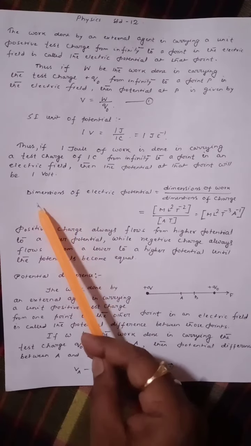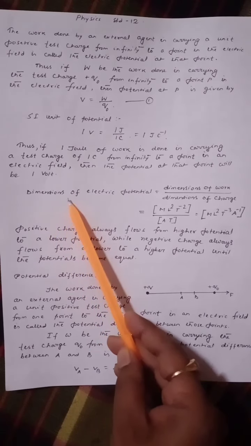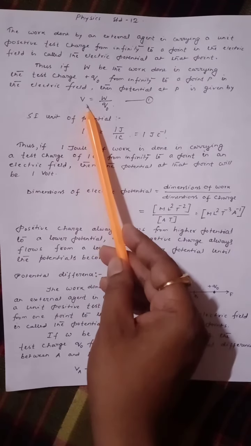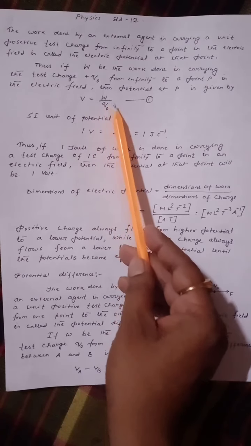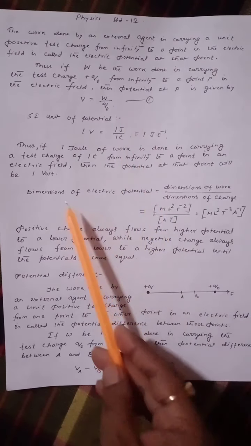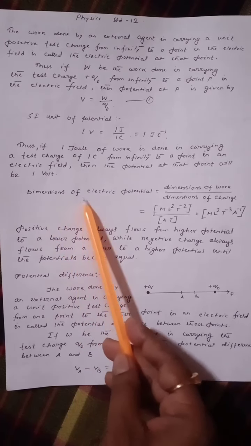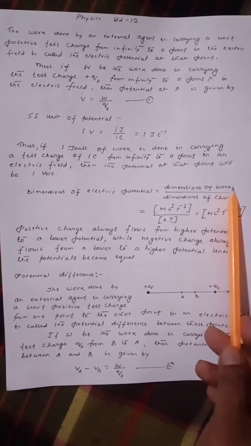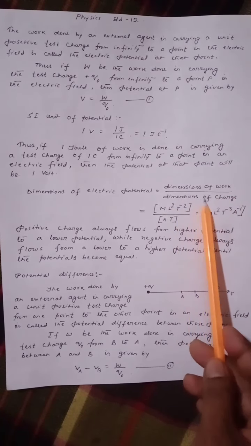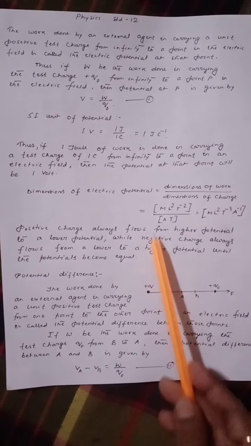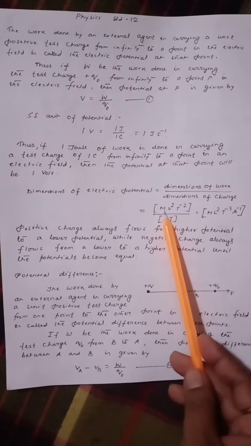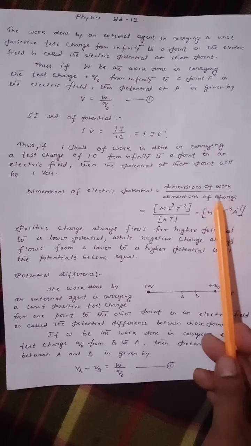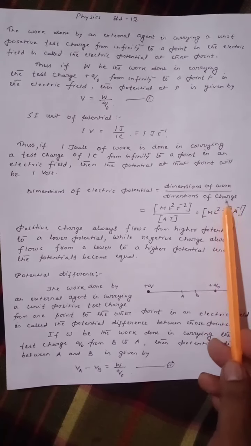Now let us discuss the dimensional formula of electric potential. As you know, electric potential is work done per unit charge. So the dimensions of electric potential equal the dimension of work divided by the dimension of charge. The dimension of work is ML^2T^-2, and charge equals current into time.